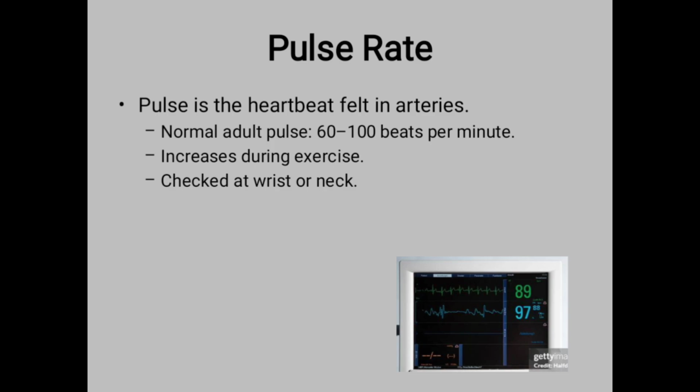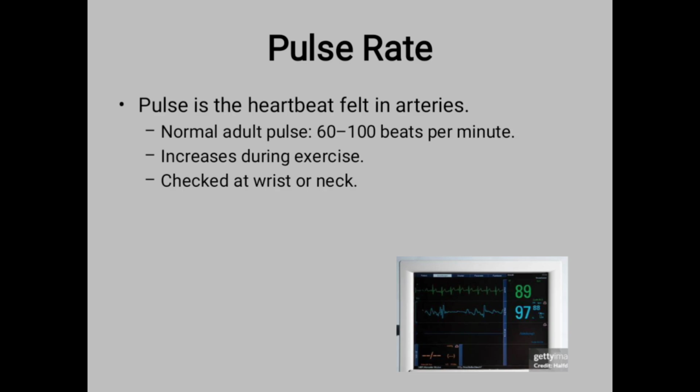Now a normal adult person, like one who is 18 to 30 years old, is called an adult, and their pulse rate is from 60 to 100 beats per minute. But wait a second, where are you going?